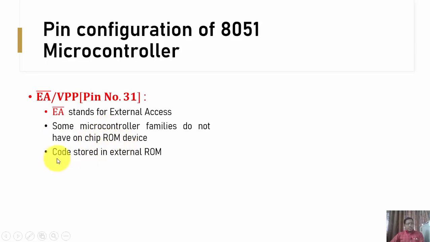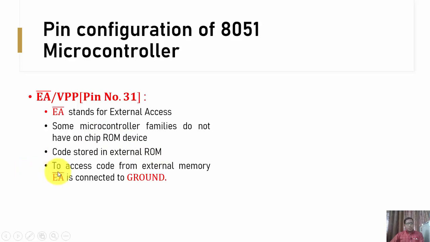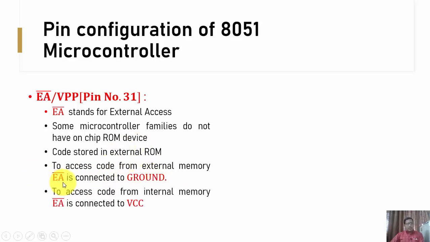In such a situation, whatever program code there is, is stored in external ROM. So to access this code from external memory, the EA bar pin is connected to ground, and that's why EA stands for external access, and as we are dealing with external memory, this pin is grounded.